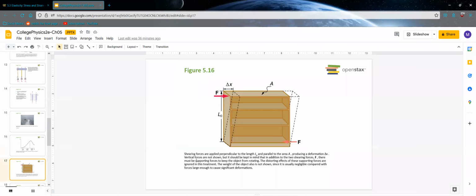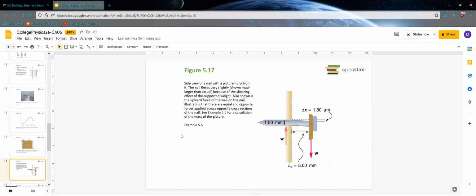Cool. Yep. This kind of applies to everything. All these different questions are different ways to ask about the same variables, right? Here's a bookshelf bearing down on or applying weight to a nail. We've all hung a picture up on a wall, right?